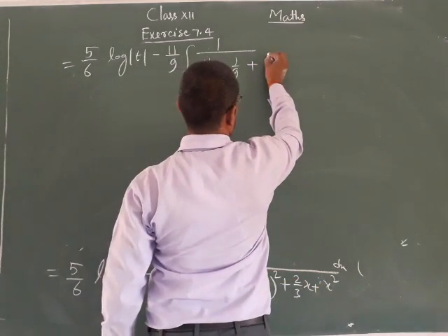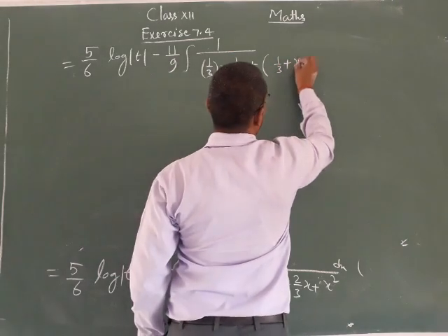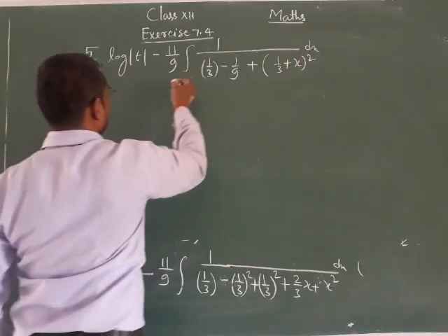So we can write 1 upon 3 plus x whole square and also dx.